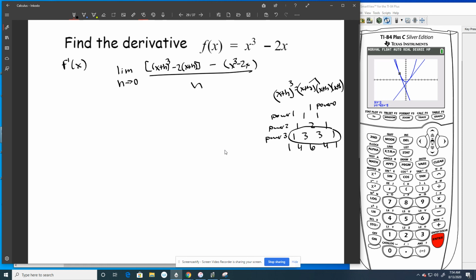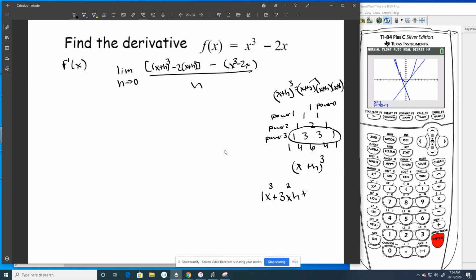And the way that we apply that is when we have x plus h cubed. The first thing that I get is one of my x's. I get 1x, and that's raised to the third power. That's where the 1 comes from. Then I have a 3, but this time I have x's and h's. And what I do is I lower my x exponent by 1, and I add an h.